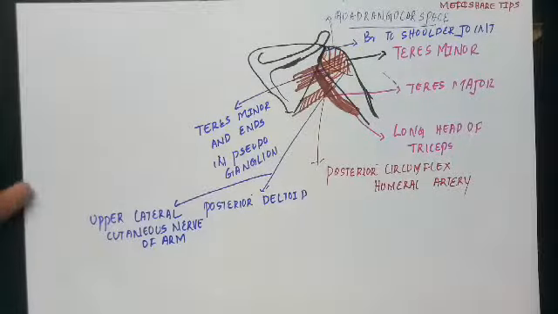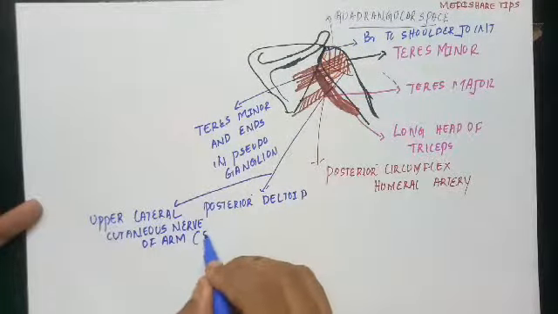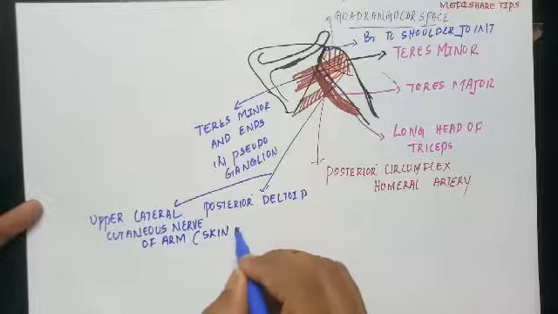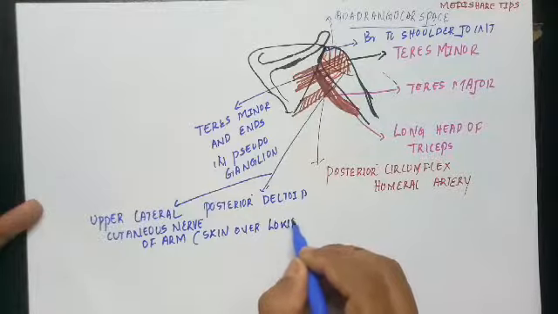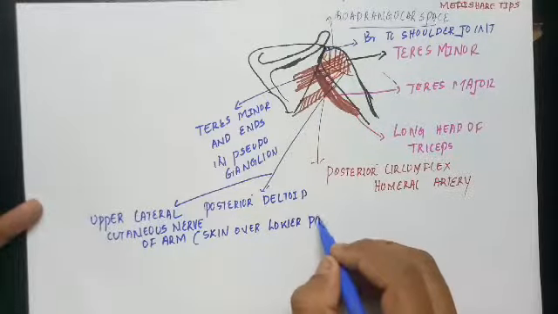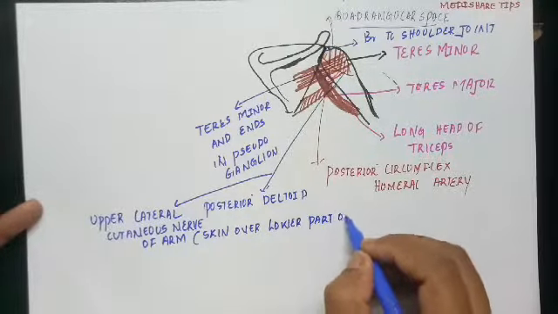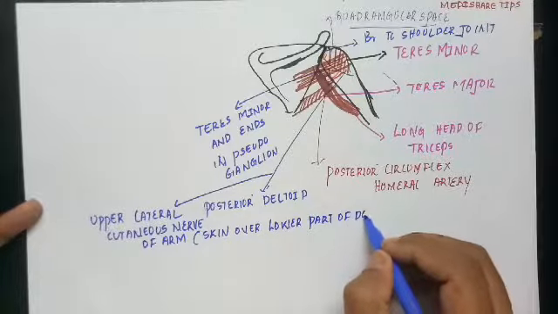This is a sensory branch which supplies the skin over the lower part of the deltoid, near its attachment.